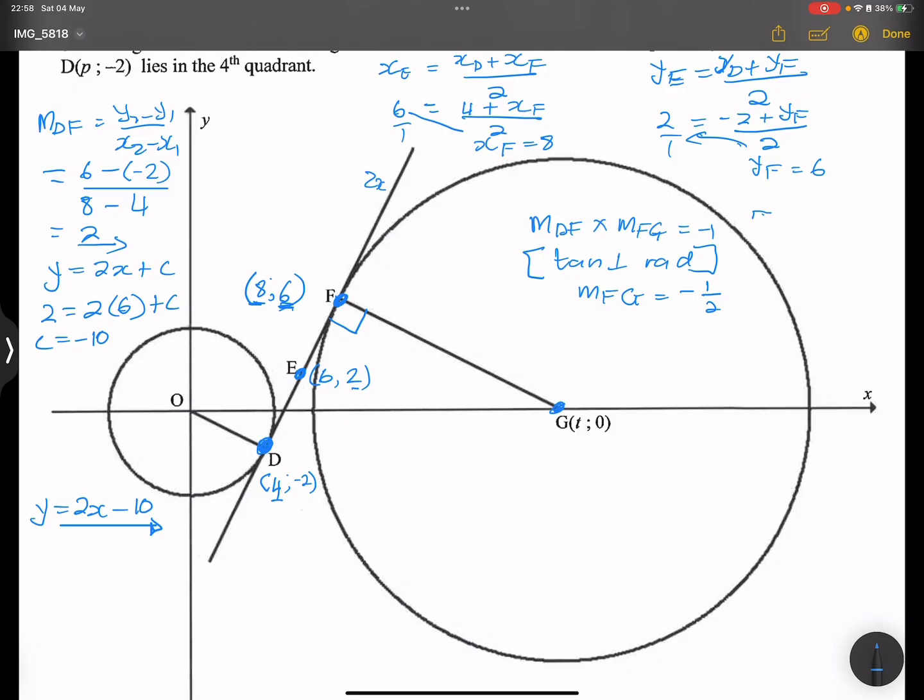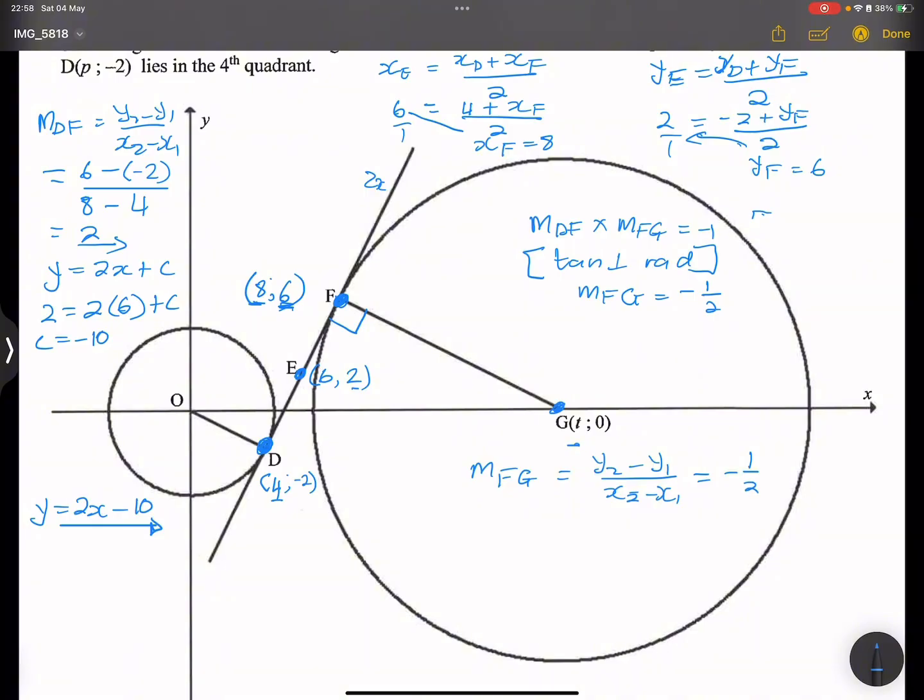Now keep in mind, we know the gradient, we know the point F, we can find the point T. So the gradient of FG would be y2 minus y1 over x2 minus x1. But remember, we said this gradient is equal to -1/2.